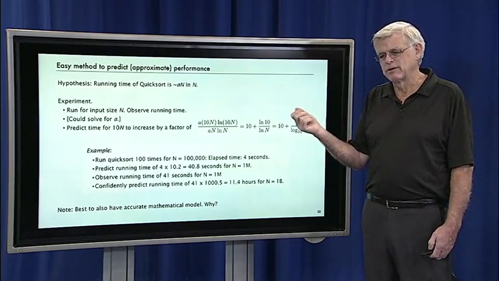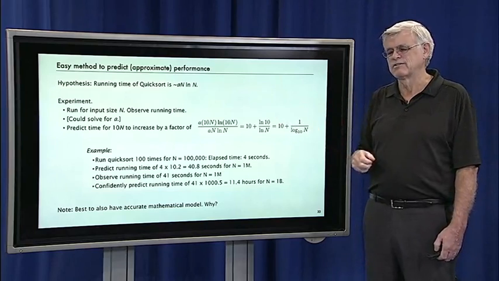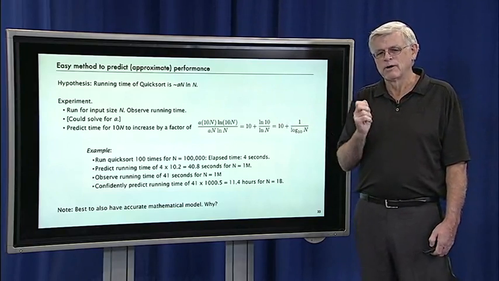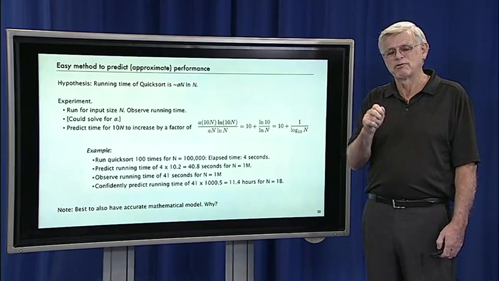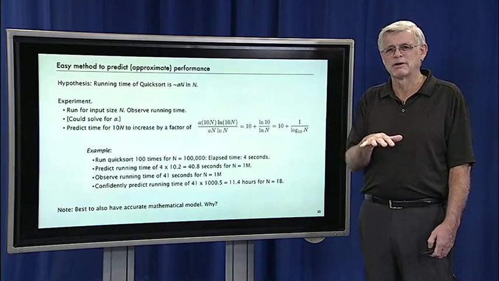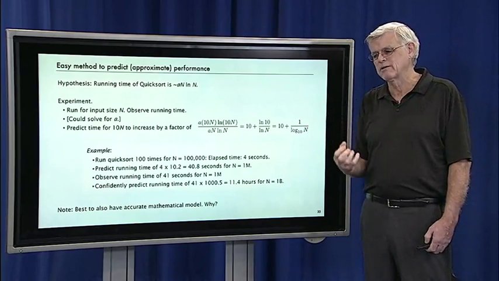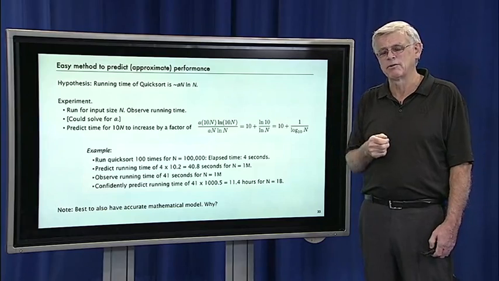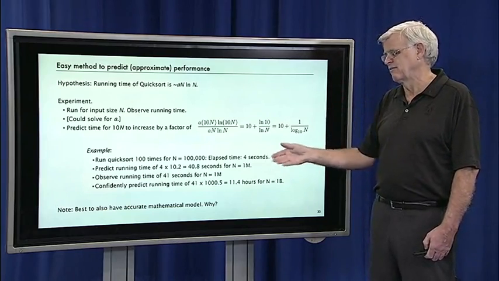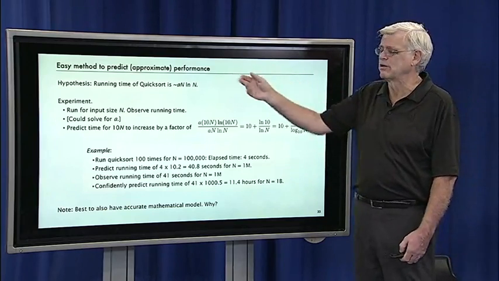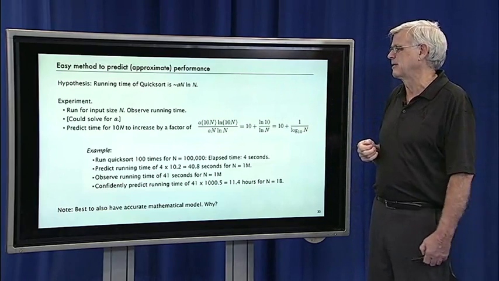Even for one parameter, and you'll see an example of that in the exercise, we can't afford to run experiments for every possible value of the parameter, but if we have a mathematical model, then we can use the mathematical model to find the optimum value of the parameter, and that's a very strong reason to keep working towards good mathematical models.